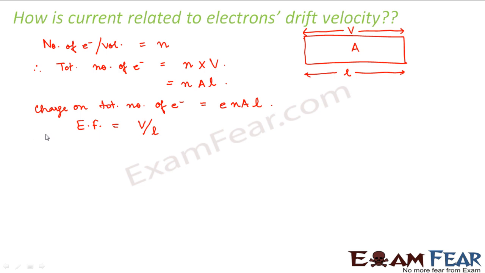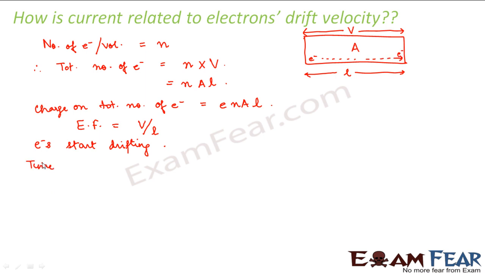Now when we apply the electric field, electrons start drifting, right? As soon as the electric field is applied, electrons start drifting. So how much time will it take for an electron to cross the conductor? The electron will move from this point till this point.